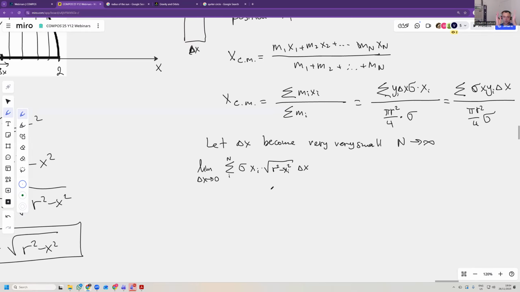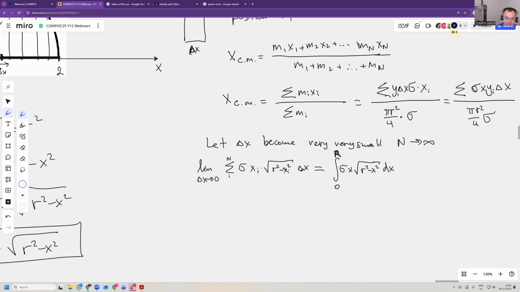If you think about the adding up, this actually is equal to the integral of sigma x square root of r squared minus x squared dx. So delta x becomes dx because dx is an infinitely small change. That's how Riemann sums work. And now it's an integral where, of course, x changes from 0 to 2, or 0 to r.